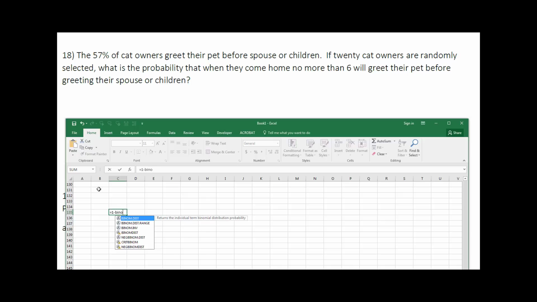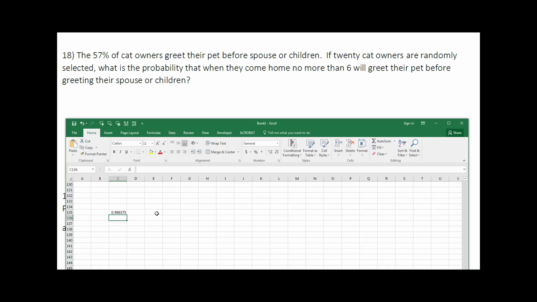So binomial distribution, it's going to ask for the number of trials. Well, let's take a second and clarify this. No more than 6 means 6 is the max. Okay, so I do want up to 6. There are 20 trials. The probability of success is 0.57. And just like norm CDF, I want true for binomial CDF.